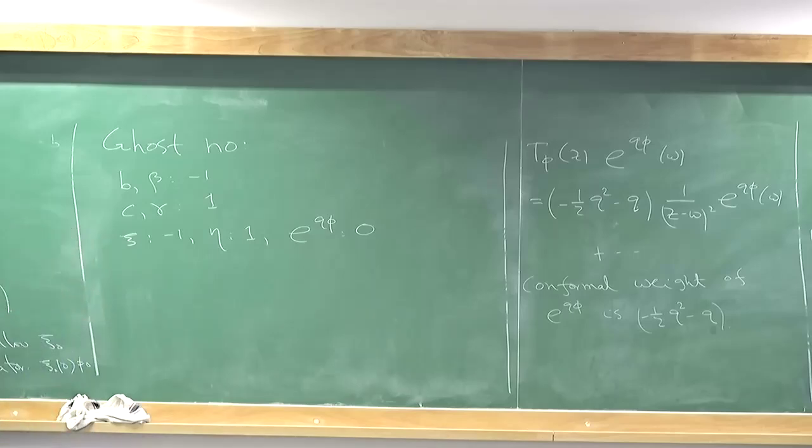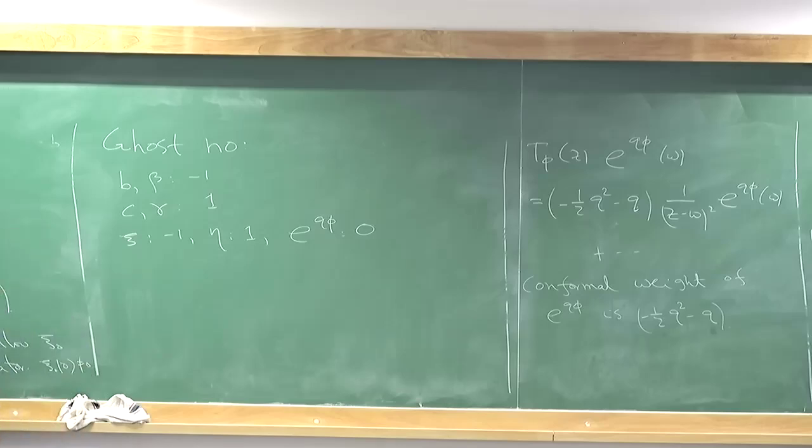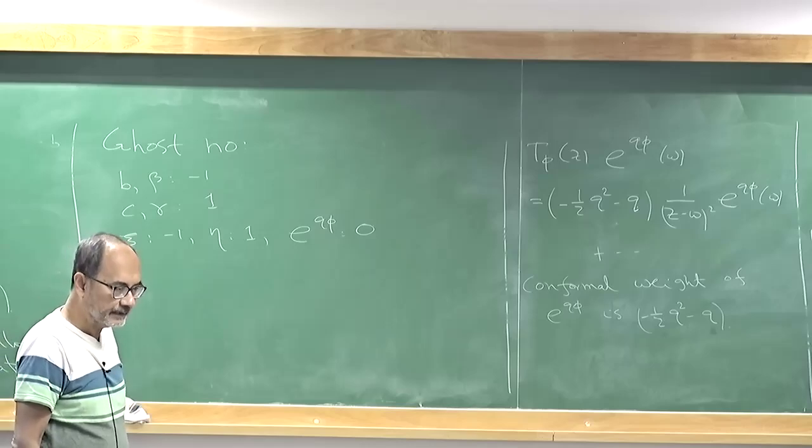T_F doesn't have a ghost number. Gamma has a ghost number. Gamma T_F and gamma squared b. J_B has ghost number 1, since J_B is either c times something or gamma times something.